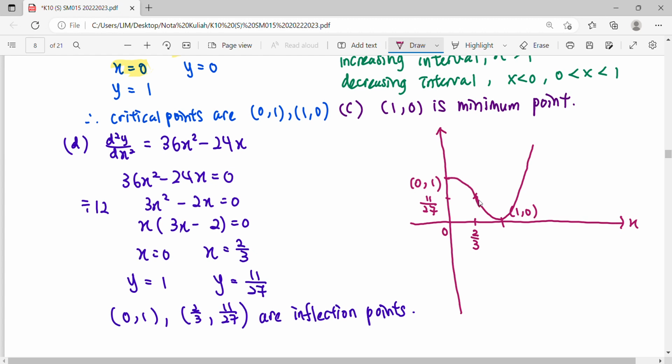So nampak inflection dia. Nampak macam S. Then when we come to 0 and 1, 0 and 1 also inflection point. So 0 and 1 here already concave downward. So means here will be concave upward.